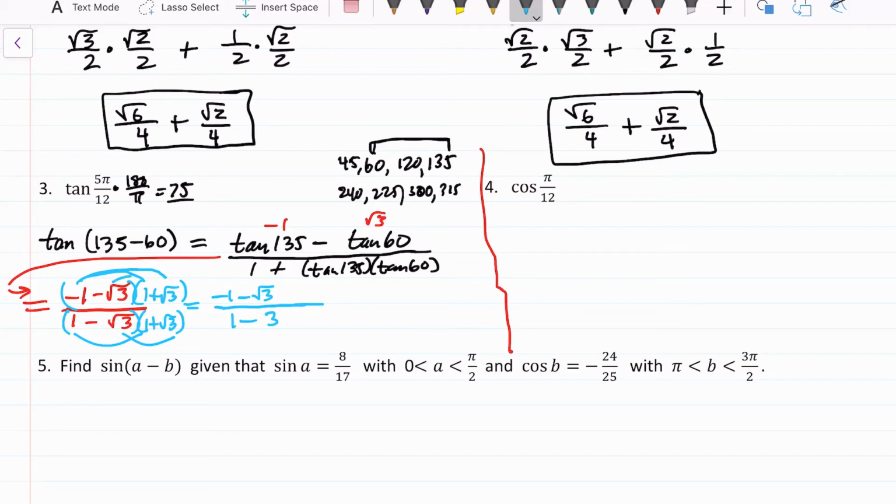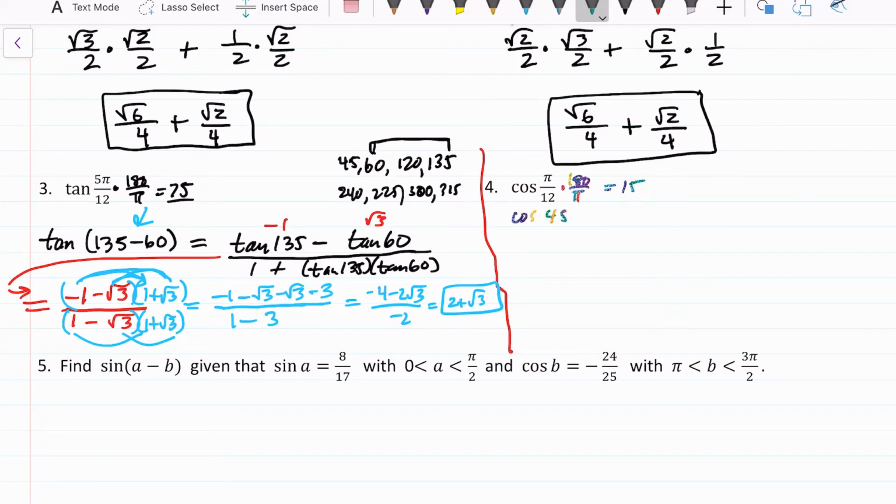Then negative radical 3 times 1 and negative radical 3 times radical 3. This gives you negative 4 minus 2 radical 3 over negative 2, which is 2 plus radical 3. So regardless of which numbers you used at the beginning, you should still end up with 2 plus radical 3 at the end. For pi over 12, if you multiply by 180 over pi, this should give you 15 degrees.